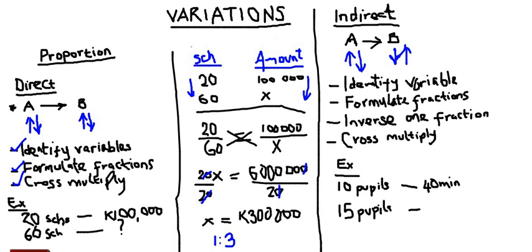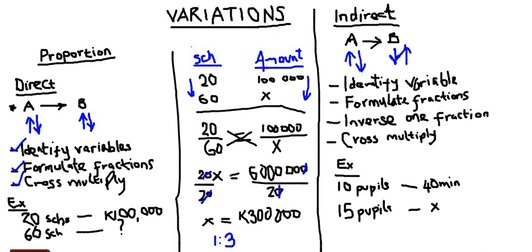If we have 10 pupils cleaning the room and they spend 40 minutes to do the job, now we decide to increase the number of pupils from 10 to 15, so that they work on the same room. How much time will a group of 15 spend to clean the same room?